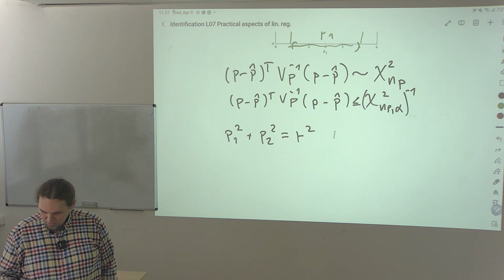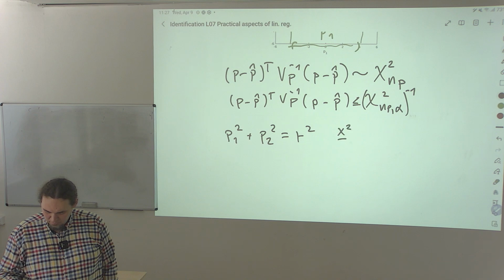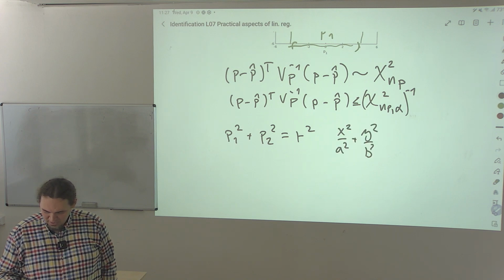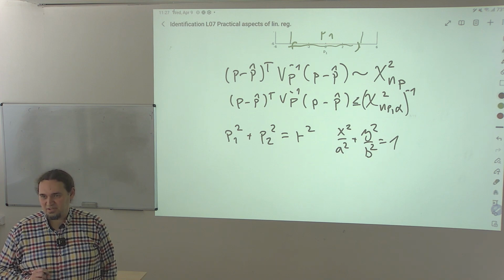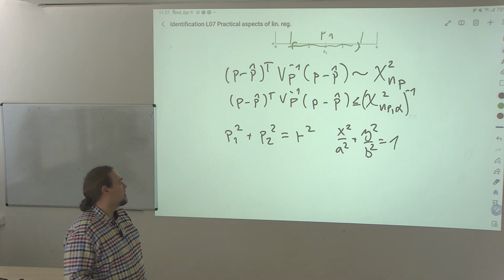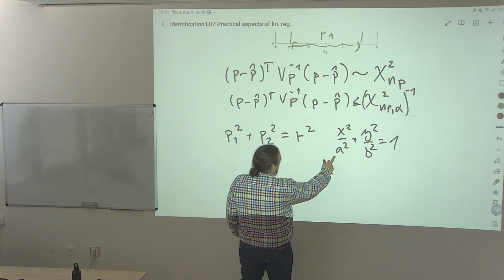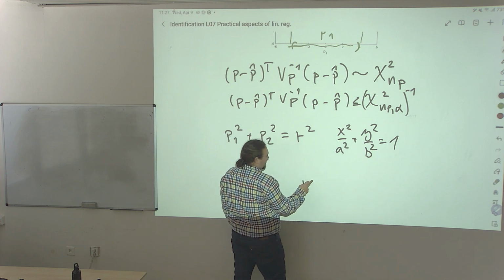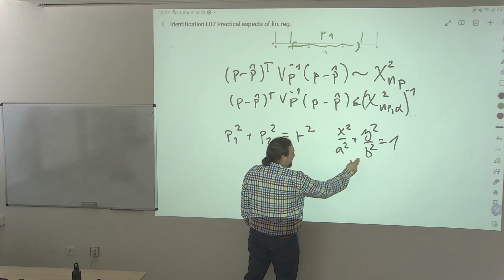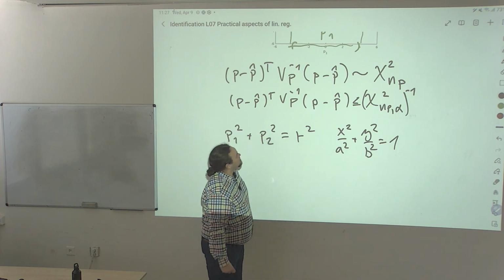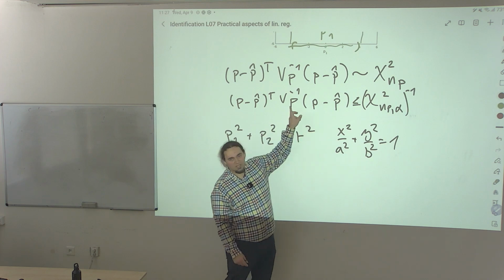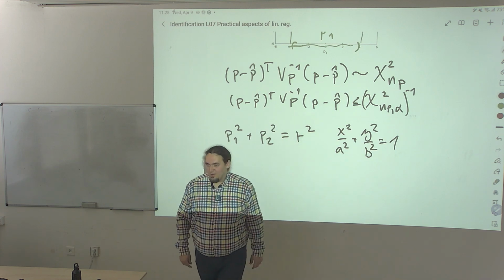If you recall the high school ellipse, the high school ellipse looked like this, where A was the length of one semi-axis, B was the length of another semi-axis, so they will be hidden in this matrix.